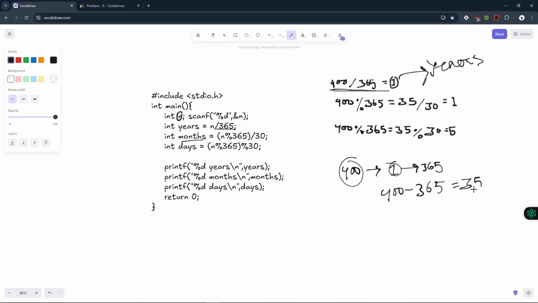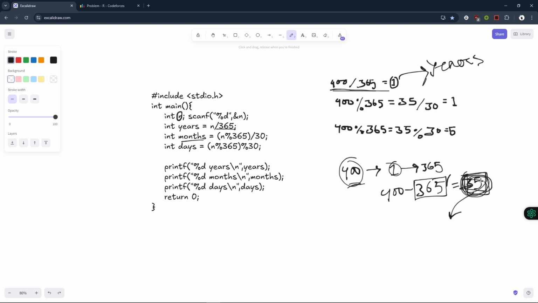That is the remaining days after we have calculated how many years there are. Now we will calculate how many months there are from this value. An easy way to get this value is the remainder. If we divide the input by 365, we get this remainder, and that is the days that are left from n, which we need to calculate.